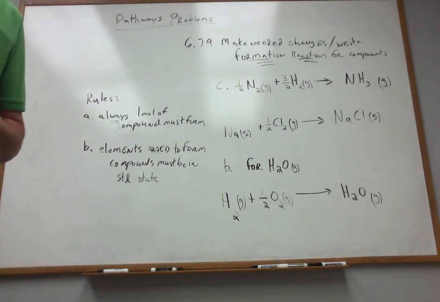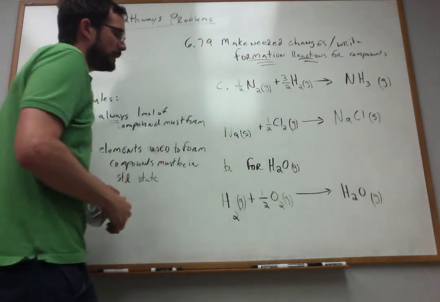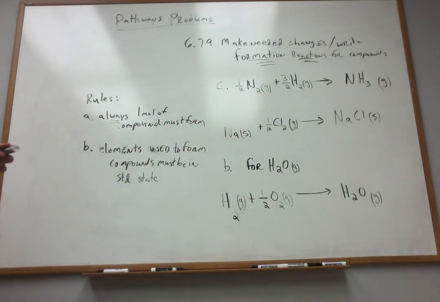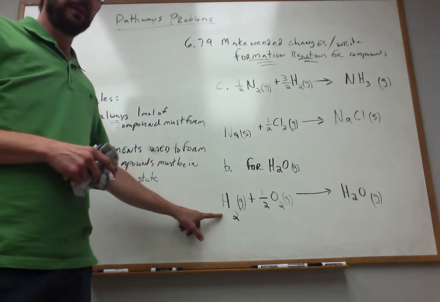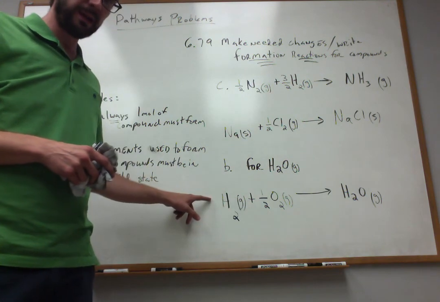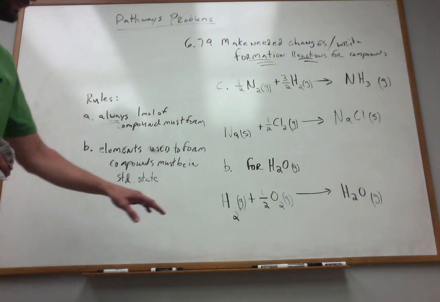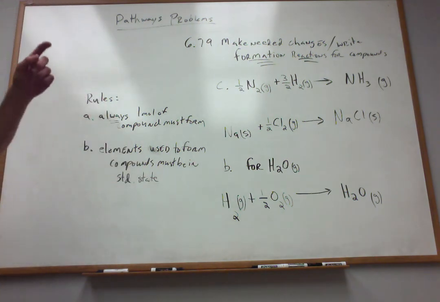So this is writing the formation reactions. You always want to yield 1 mole of the desired compound as a product, 1 mole in its normal state, if you will. You're going to form that 1 mole from the elements that make up the compound in their standard states. And you're allowed to change the coefficients out in front here, but this has always got to be 1. And your elements must be in their standard state.